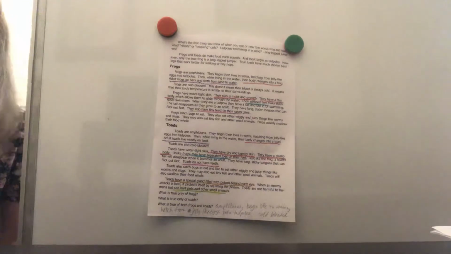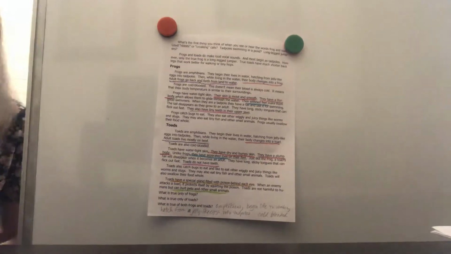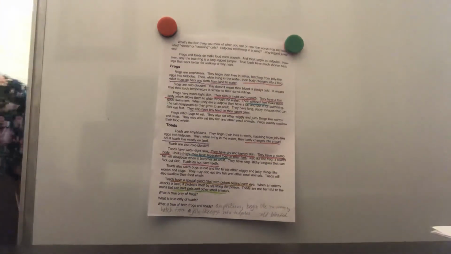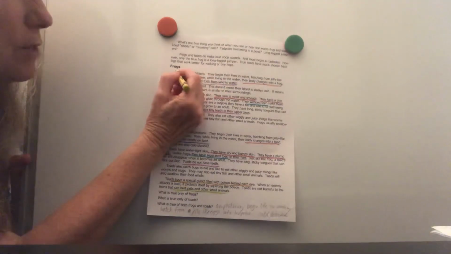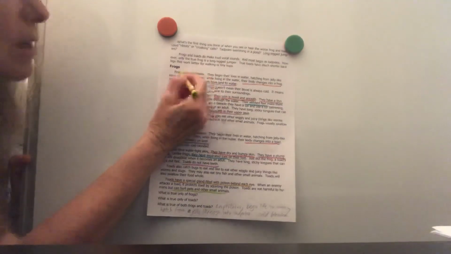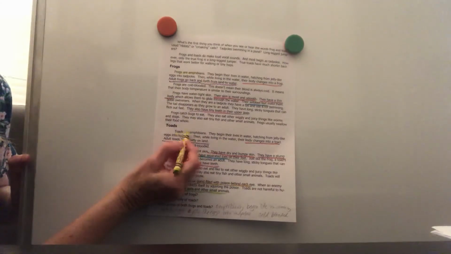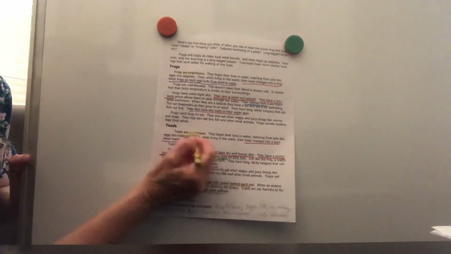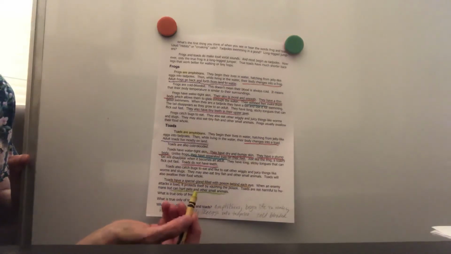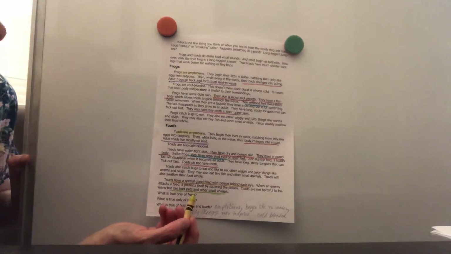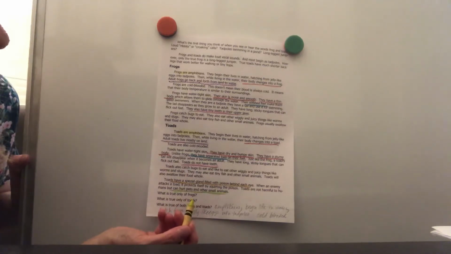Now, the other things in here, there were a lot of things of how they were the same, okay? So like right here, it says frog is an amphibian, and it says toads are amphibians, okay? So you see how I'm doing that? Finding how they're the same, okay?